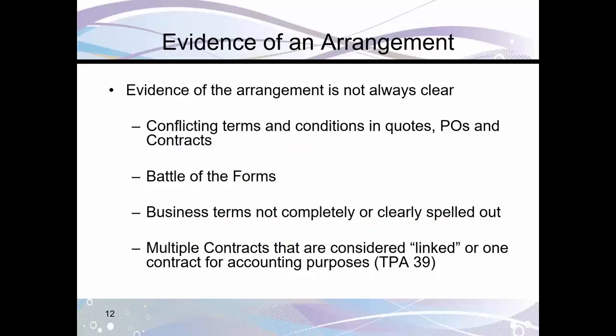So, working with evidence of arrangement, sometimes it's difficult to actually get all the pieces of the arrangement evidence together and then be able to read through it and completely understand the terms and conditions of the contract and any conflicts that might be in there, any ambiguities where we have to make assumptions or decisions about how we're going to recognize the revenue.